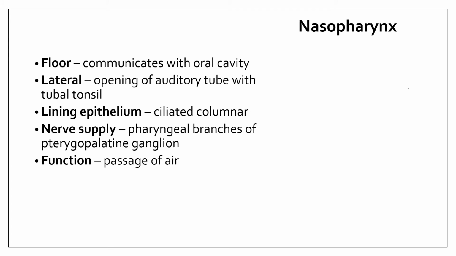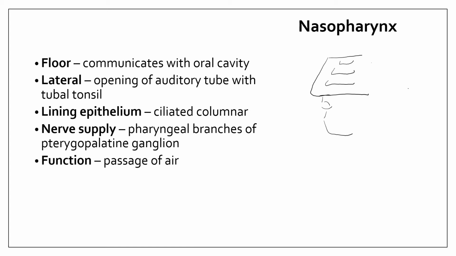Now in the floor, it communicates with the oral cavity. Now laterally, in its lateral wall, there is the opening of the auditory tube. So this is the nose and this is the hard palate, where these are the three conchae.